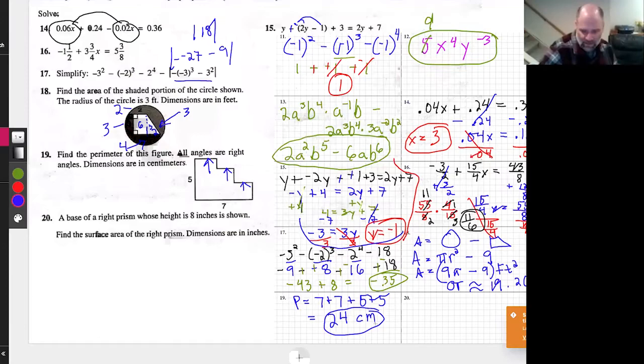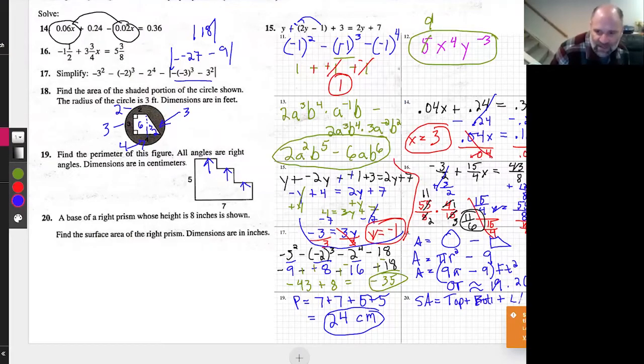Back here. So to find the surface area, it's top plus bottom, and the top and the bottom are the same, plus the lateral surface area, or the lateral area. So what did we say?